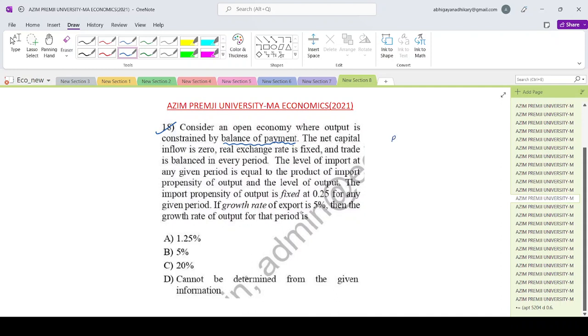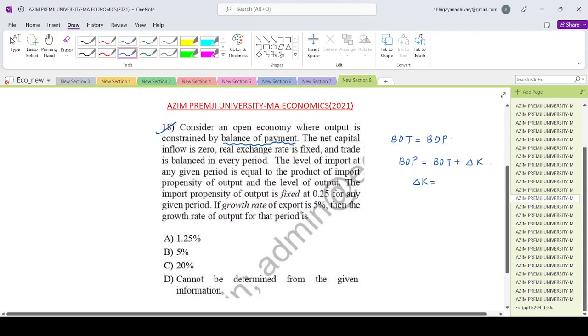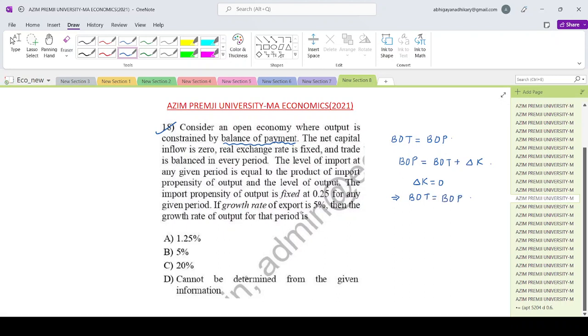So that means balance of trade is the same as balance of payment in this case. Because if you remember, what is BOP usually? By definition, it is the balance of trade plus net capital inflow. Since delta K is equal to 0, we have balance of trade the same as balance of payment in this case.